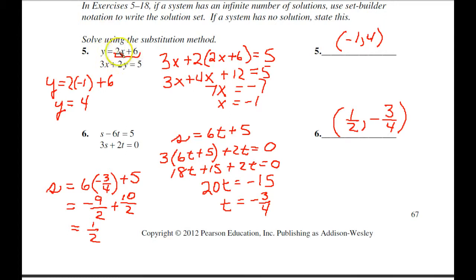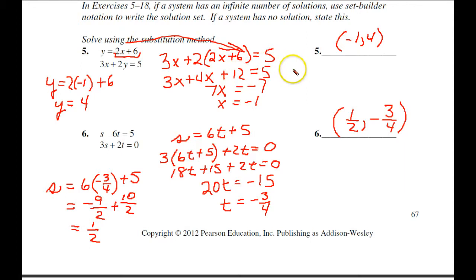We then take this into the other equation right here. And so the y value is replaced there. We use the distributive principle to get rid of the parentheses. We group like terms. We transpose the 12 to the other side.